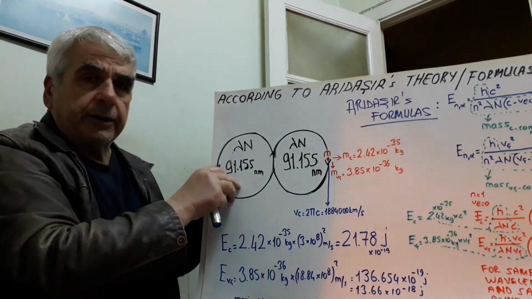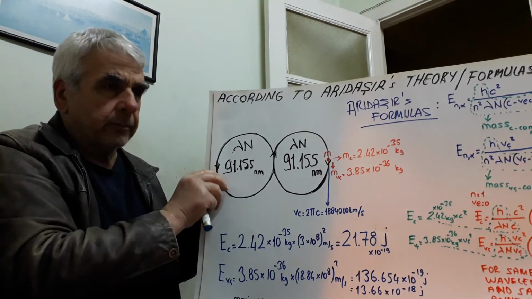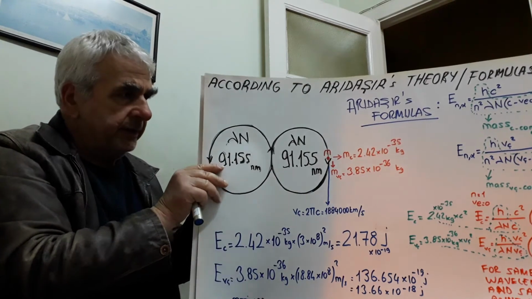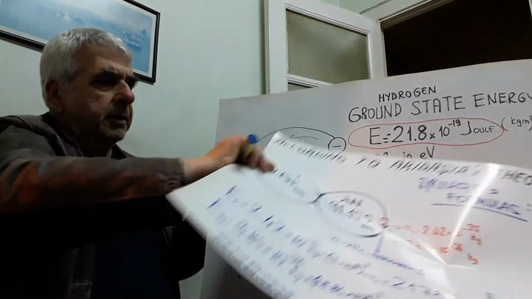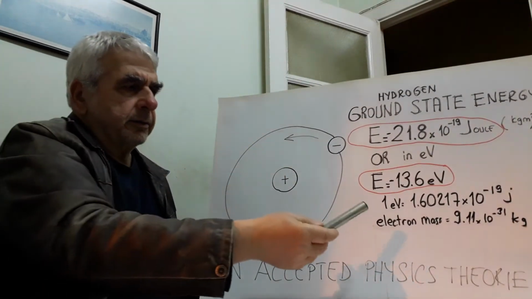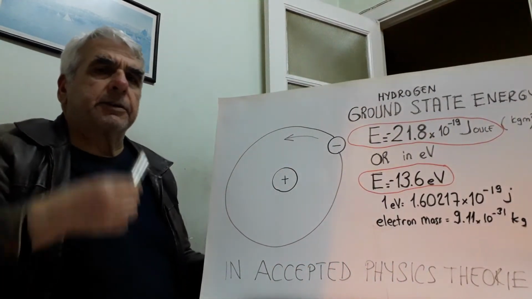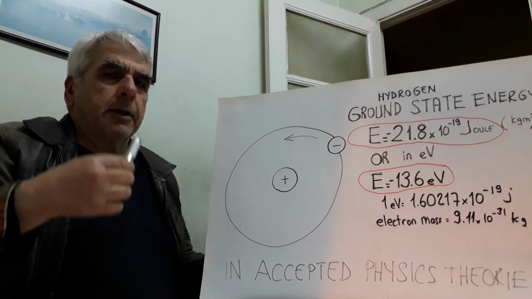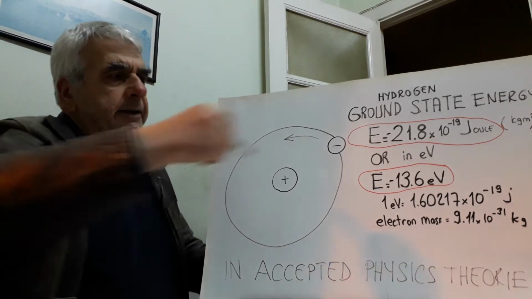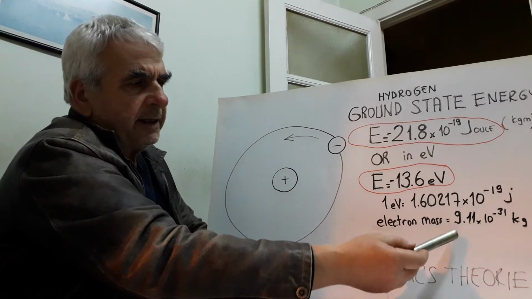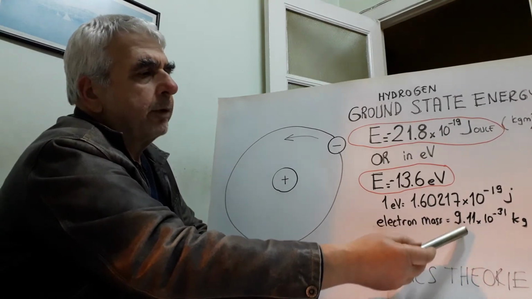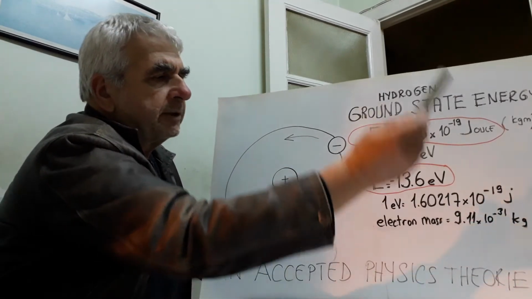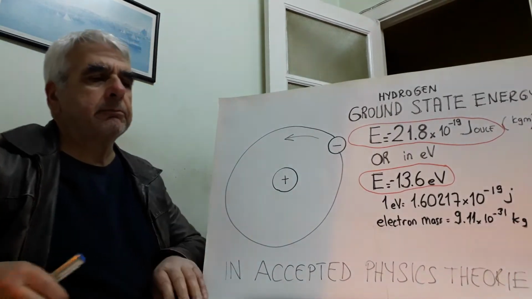But in accepted physics, their electron picture's mass is constant and its mass is equal to 9.11 10 to the minus 31 kilogram.